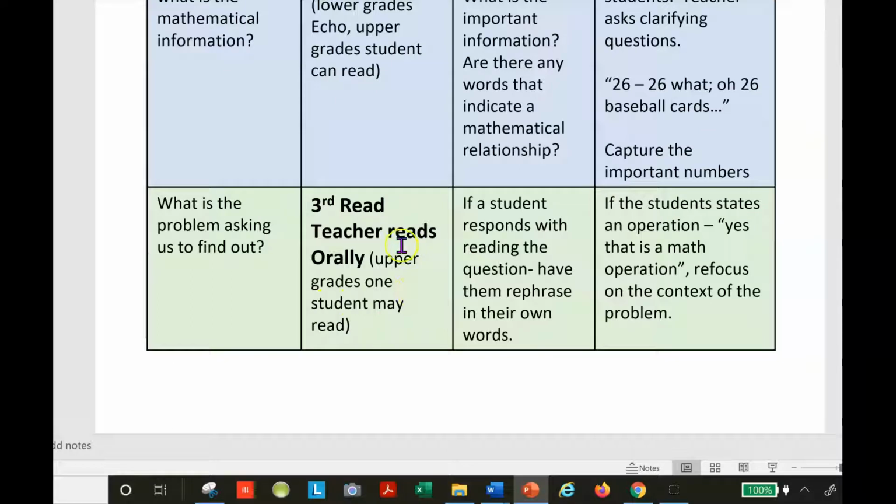So after having it read the third time, if a student responds with just reading the question, I would say, can you say that in your own words? Tell me what that question really means. Or if they start shouting out operations, I would multiply. Don't address it, just refocus on the context of this question. What is it asking us to find out?